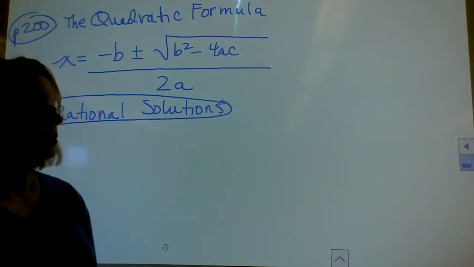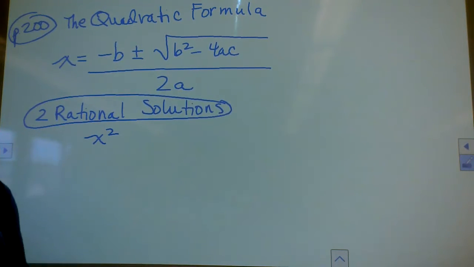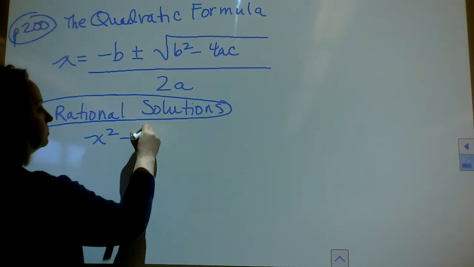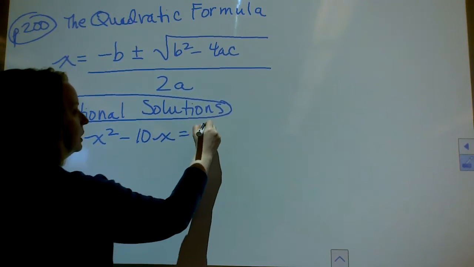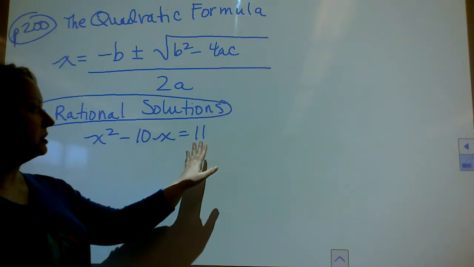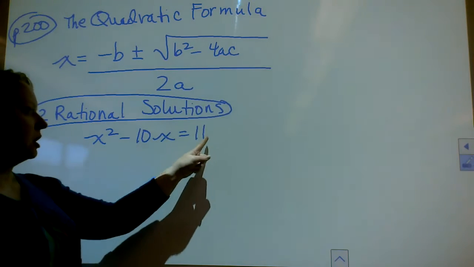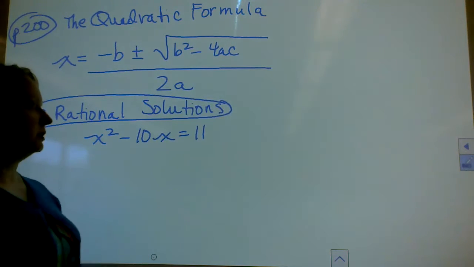So here's a simple equation: x squared minus 10x is equal to 11. The first thing you have to do when you're working with quadratic equations is move your constant over and set it equal to 0.